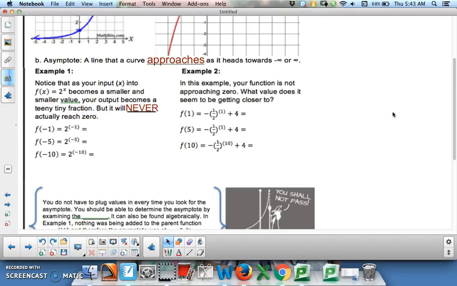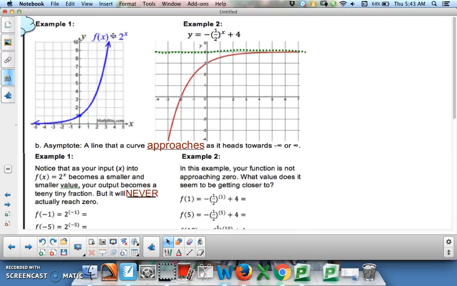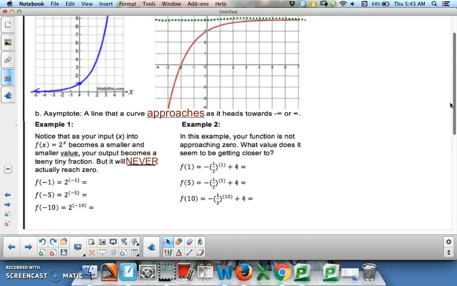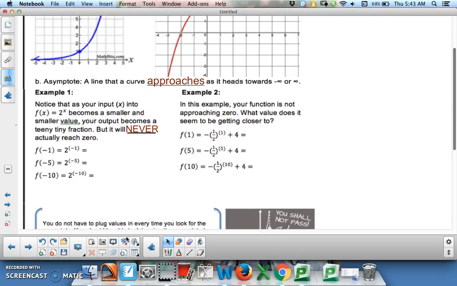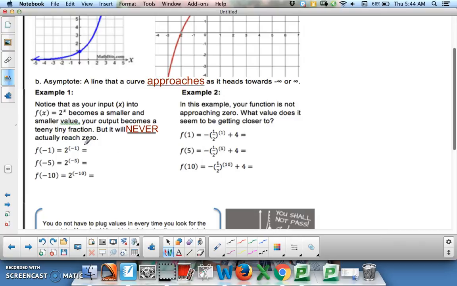So f of -1, if I plug in -1 to this function f of x equals 2 to the x, I get, remember that a negative exponent means it's on the wrong side of the fraction bar, so this becomes 1 over 2.